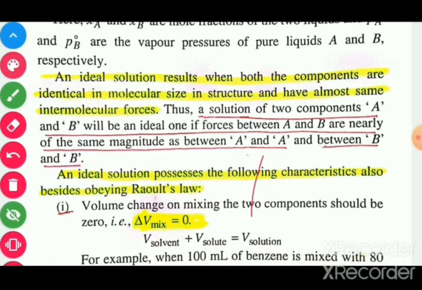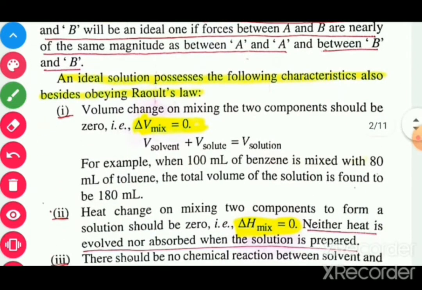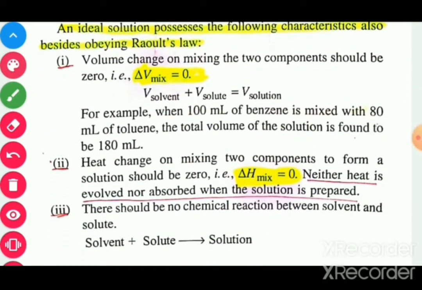For example, when 100 ml of benzene is mixed with 80 ml of toluene, the total volume of solution is found to be 180 ml. It means that before mixing, if we add the volumes, it will be equal to 180 ml.